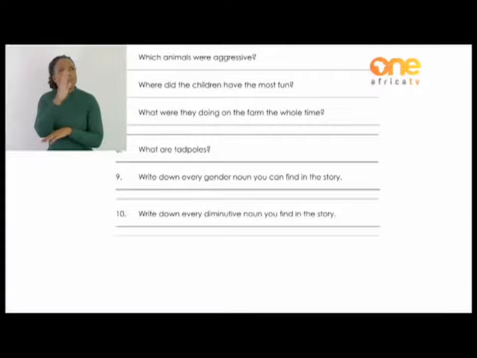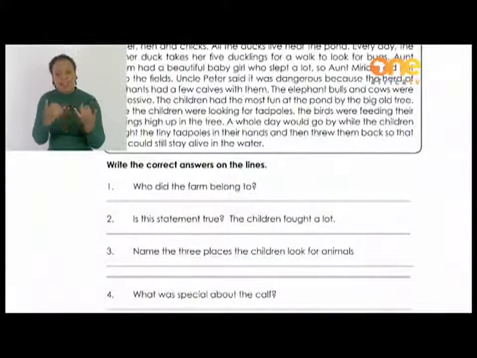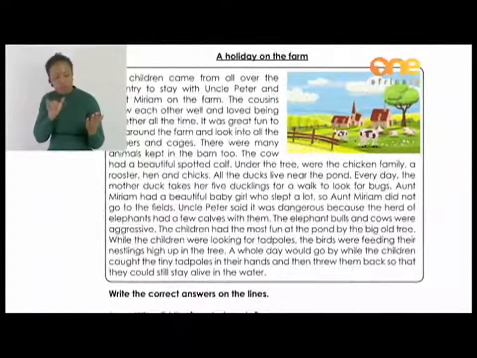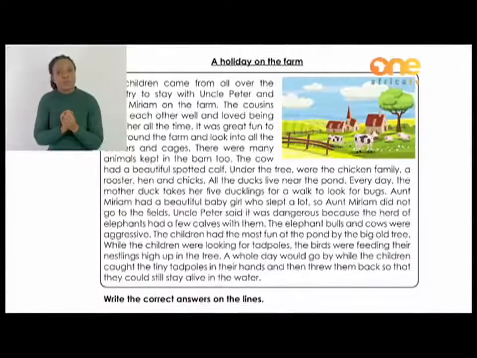What are tadpoles? Write down every gender noun you can find in the story. Write down every diminutive noun you find in the story. Now you know what you have to spot or look for when you are reading your comprehension. So now I will go on to read my comprehension.